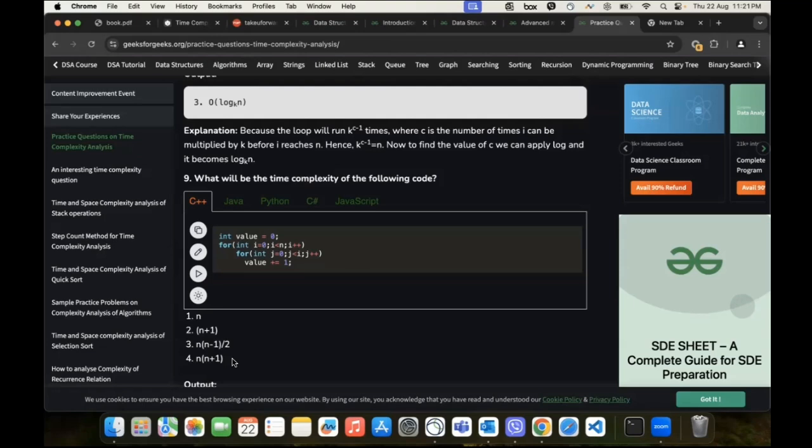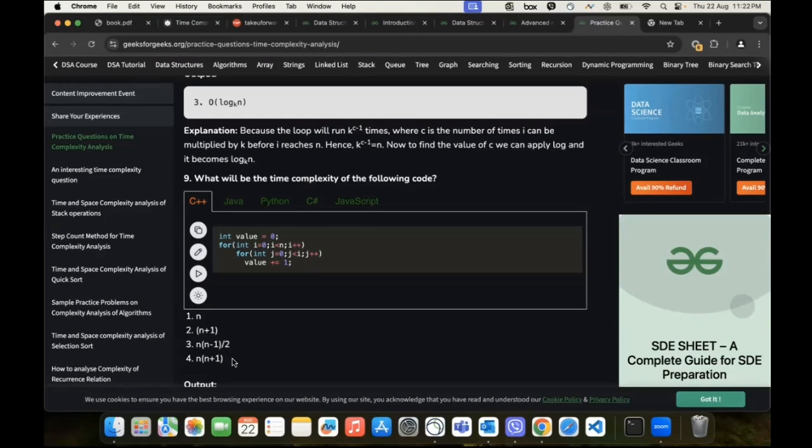Let's consider n to be 10, and i will start from 0 to 10. For the first one, it is 10. The second one will be 0 to 0, and then 0 to 1. For the 0 case, it is 0. For the 10 case, it will be 10 times. So here the second loop will be n minus 2, no?